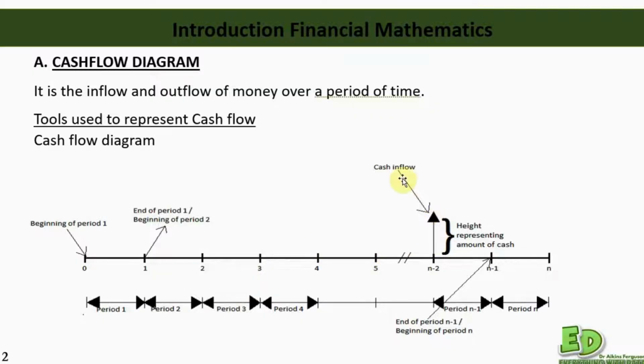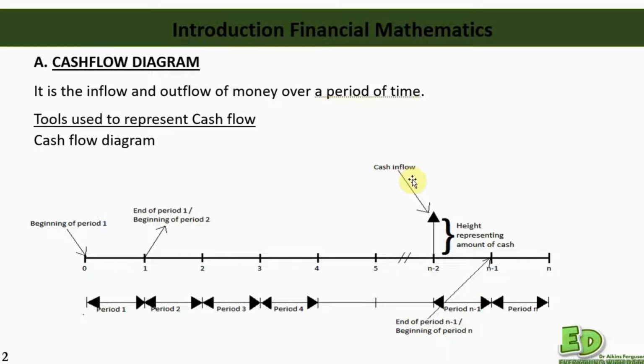Note that the arrow is representing the inflow and the outflow. So if the arrow is pointing up like this, it means that you're representing a cash inflow. But if the arrow is showing down like this, it means that you are representing a cash outflow.